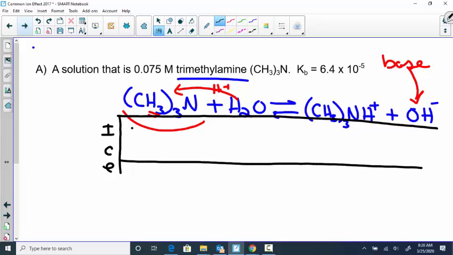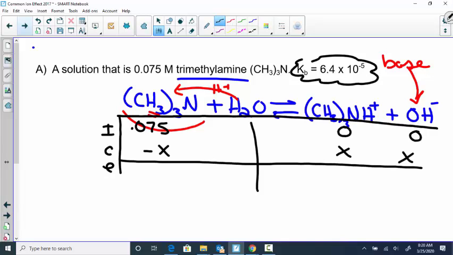Okay, I have 0.075 moles of that. That doesn't matter. I have 0 and 0. And this is just our good friend ice charts, where we're going to subtract X and X because I essentially know the Kb.